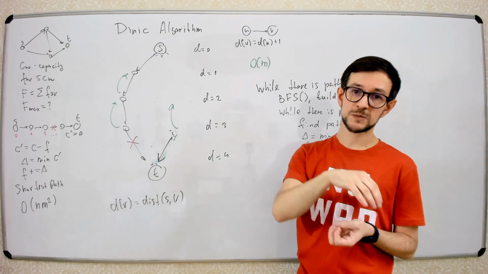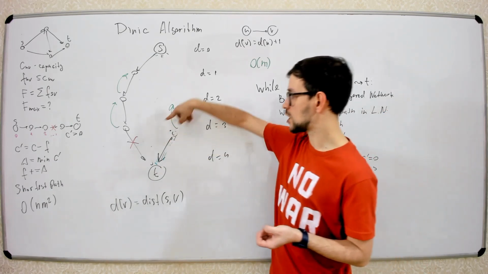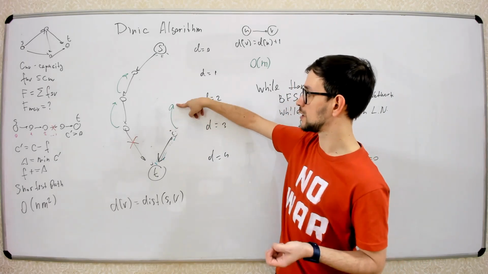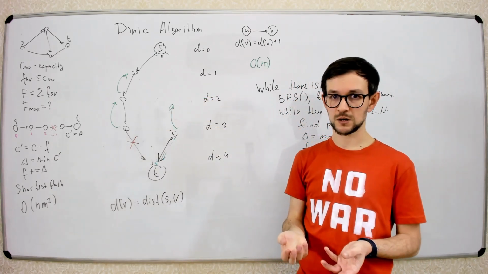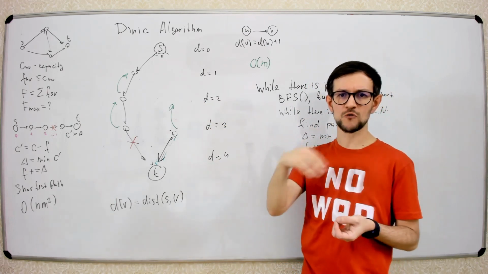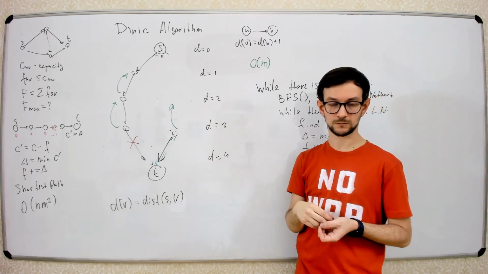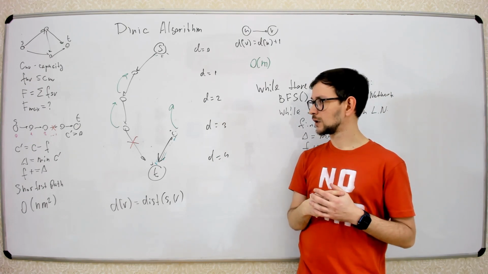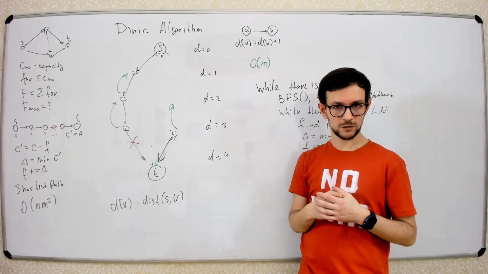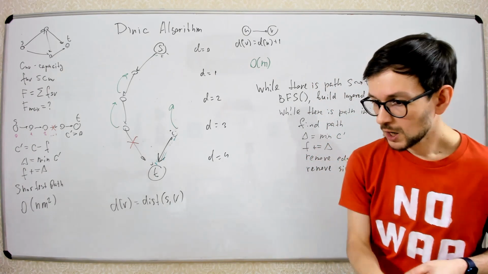Because we didn't have this path before, and when we change the residual network, we add only edges like this, and edges like this cannot be used in the shortest path. So we only remove edges from the layered network. Okay, hope it's clear enough.